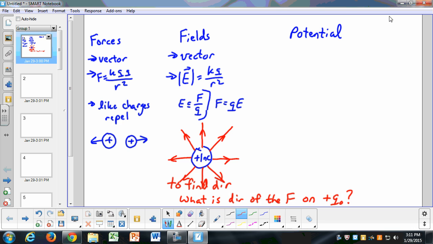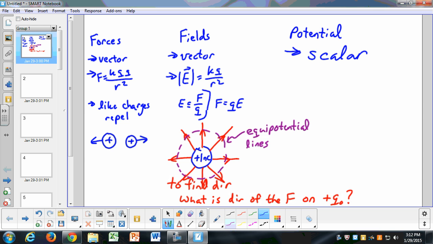So I can draw then these lines, which if you're in lab, you've already mapped these out. Did y'all do these? Yeah, these are called equal potential lines. And the equal potential lines are just lines where the potential is equal all the time. And so the potential is first a scalar quantity, so it only has a magnitude.